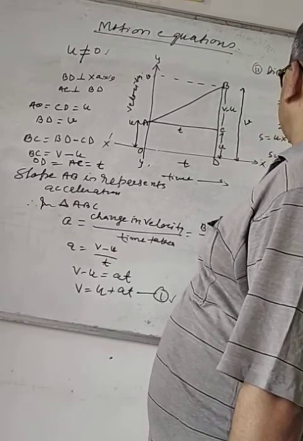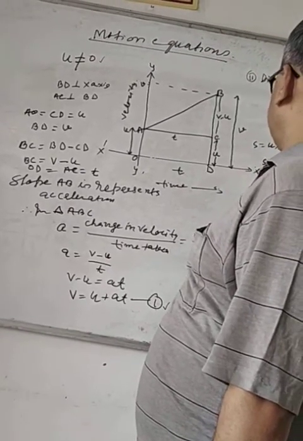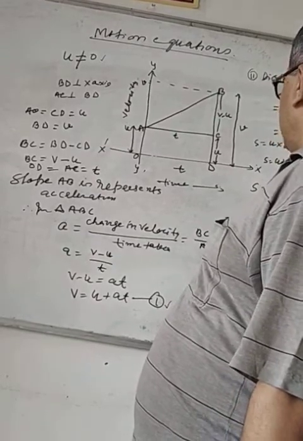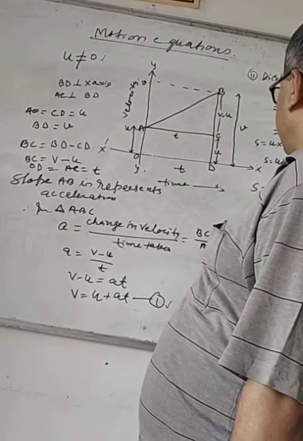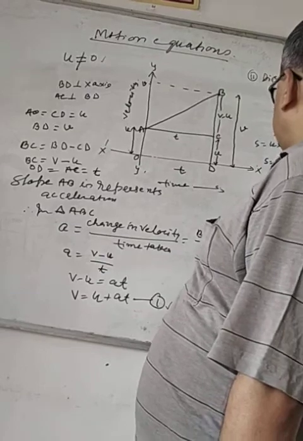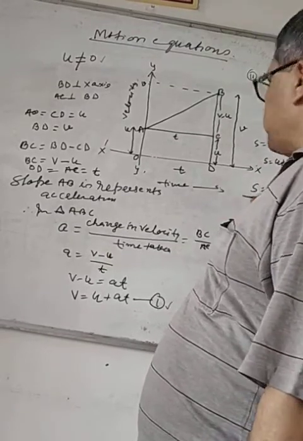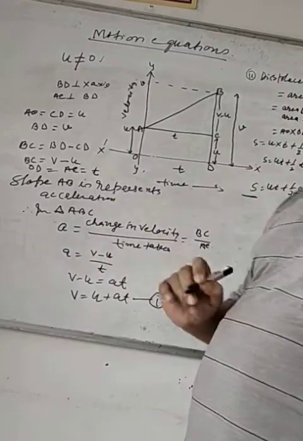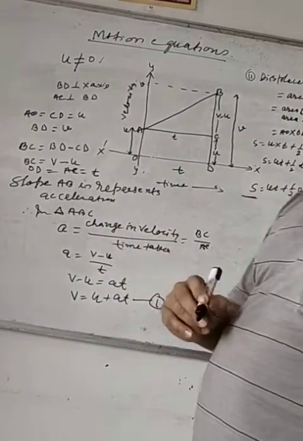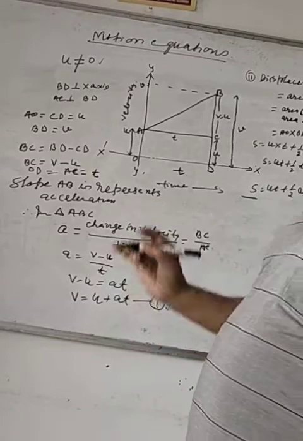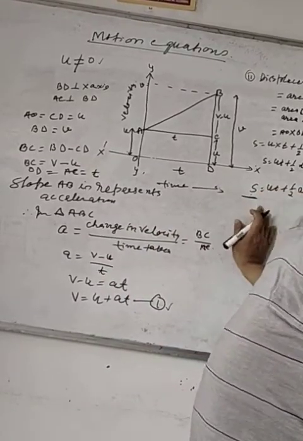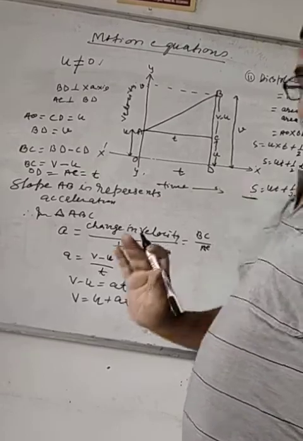Here T into AT, that is S equal to UT plus half AT square. This equation is called the position time relationship, and it is also known as displacement time relationship.